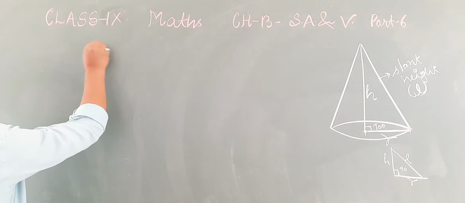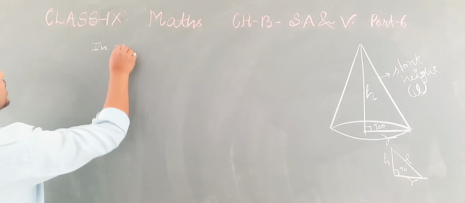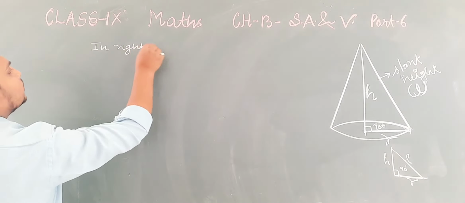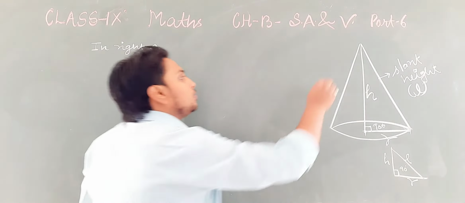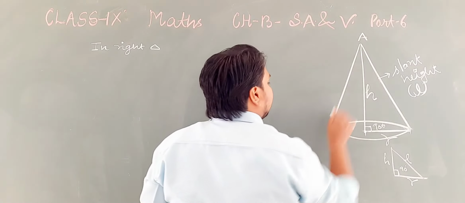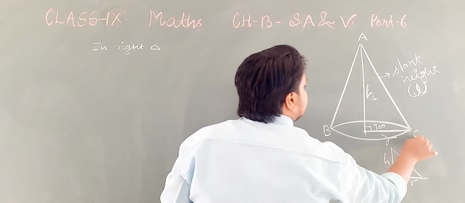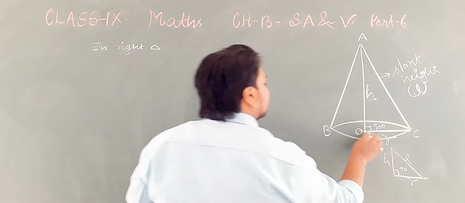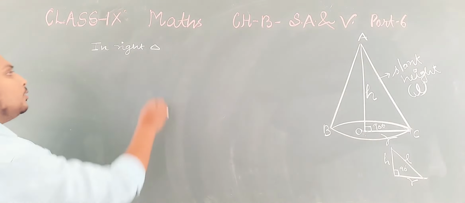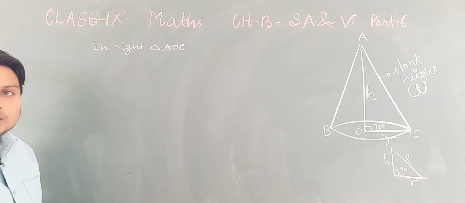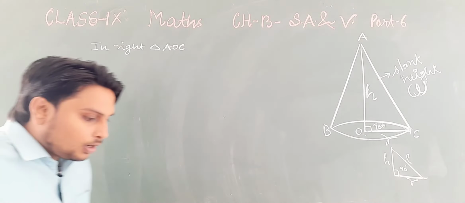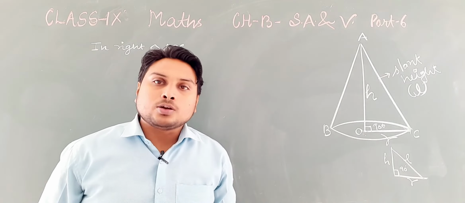Firstly we will write that in right triangle, suppose its names are A, B, C and O. So in right triangle AOC, we know very well that in a right triangle there is the relation of Pythagoras theorem.